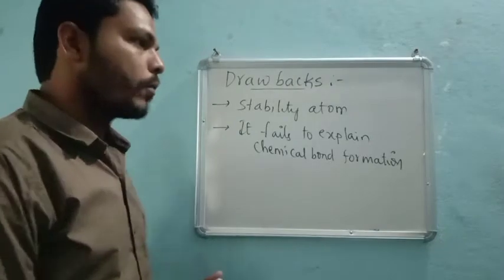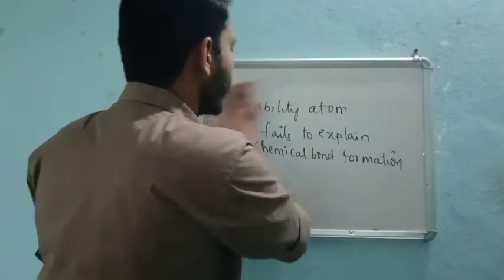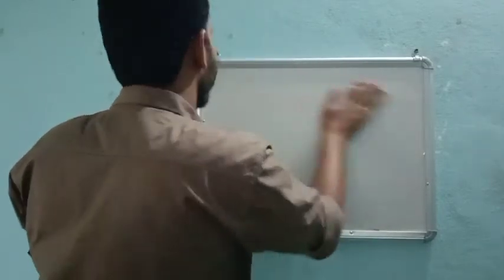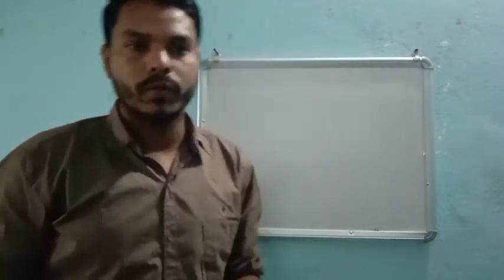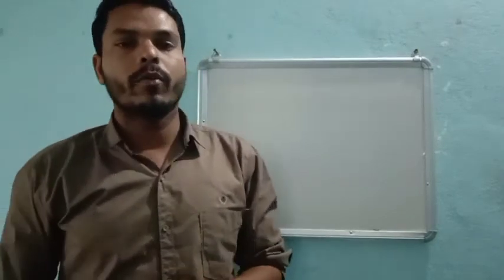The next very important part of this chapter is Bohr's atomic theory. Different scientists explained their different views, which is why we see the different atomic models in this chapter.